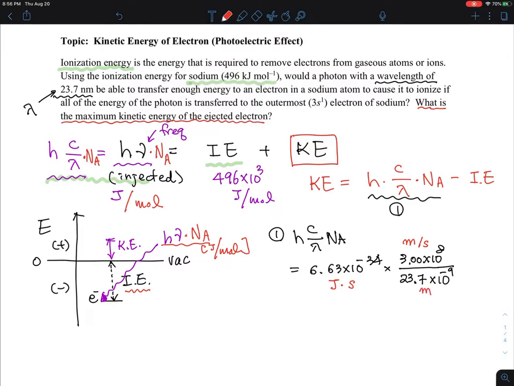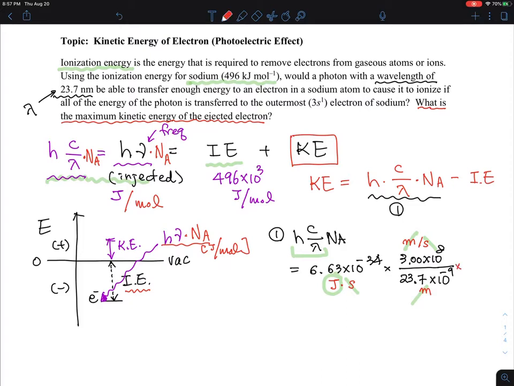If you start looking at it, the meters are gone, the seconds are gone, and the surviving term is solely joules. That's why this expression is just the energy of one single photon.